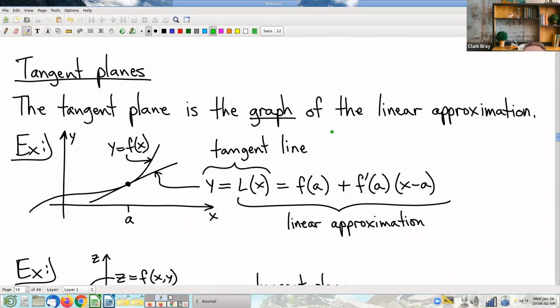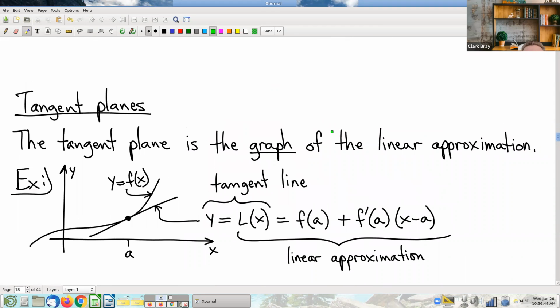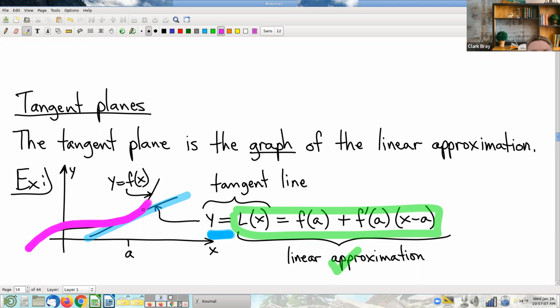Okay, so tangent lines, tangent planes. What are we going to do about that? Reminder from single variable calculus. Once you know the linear approximation, it's a pretty easy case to make that the graph of the linear approximation should track the graph of the function itself. So we have two graphs there.